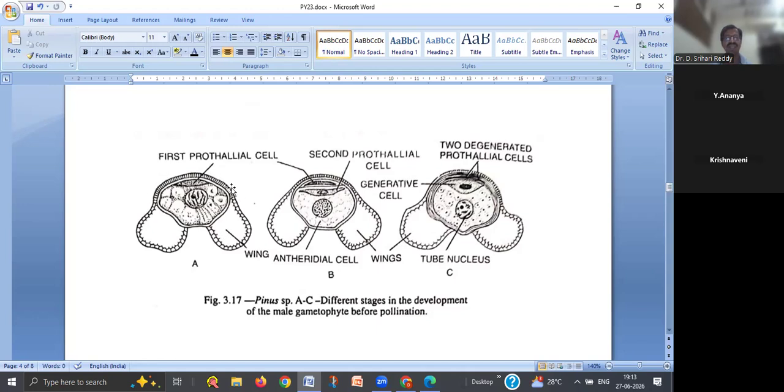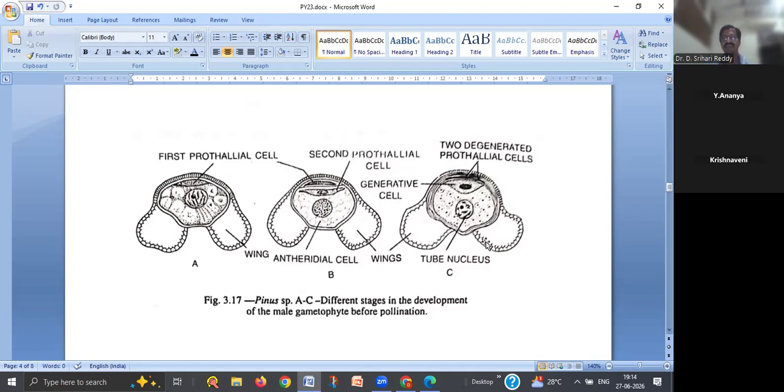And here you see in the male gametophyte, the first prothallial cell is there, and the antheridial cell is there, and the first prothallial cell undergoes one more division. It forms the second prothallial cell. The first and second prothallial cells are there, then the antheridial cell undergoes division to form the generative cell and tube nucleus.